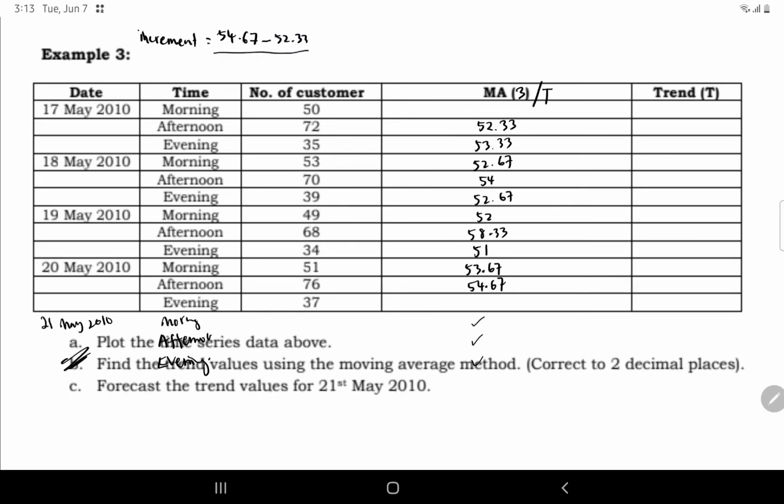Okay, number of trend value kita ada berapa? 1, 2, 3, 4, 5, 6, 7, 8, 9, 10. Okay, 10 minus 1. So the answer is 0.26.